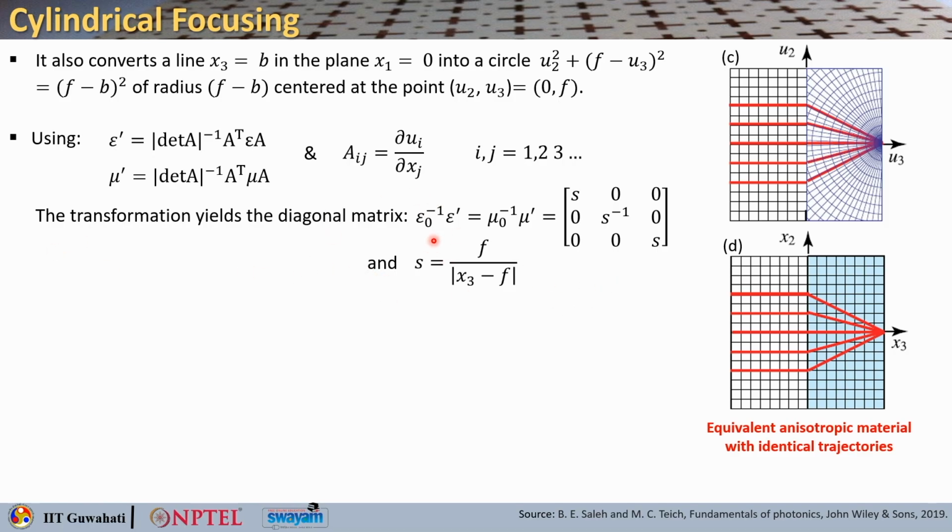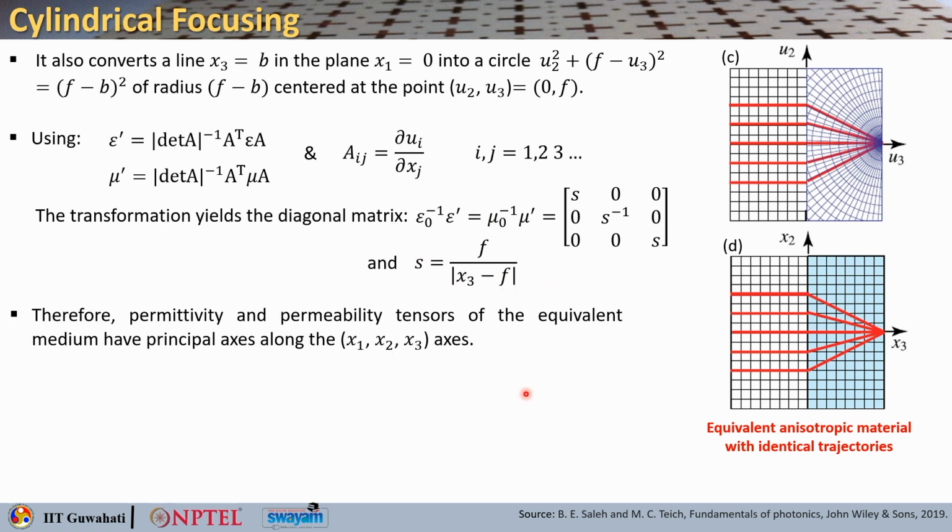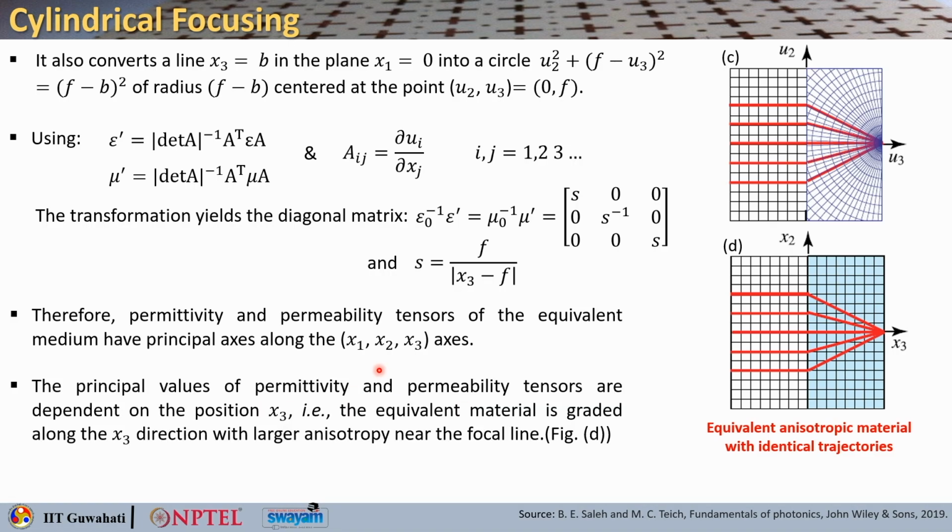You obtain that epsilon naught inverse epsilon prime, which is also equal to mu naught inverse mu prime, is a diagonal matrix which has elements S, 0, 0; 0, S inverse, 0; 0, 0, S. And what is this S? It is F divided by modulus of x3 minus F. That way you can find the permittivity and permeability tensors of the equivalent media that has principal axes along the x1, x2 and x3 axes.